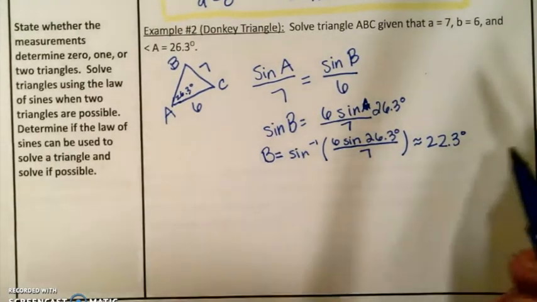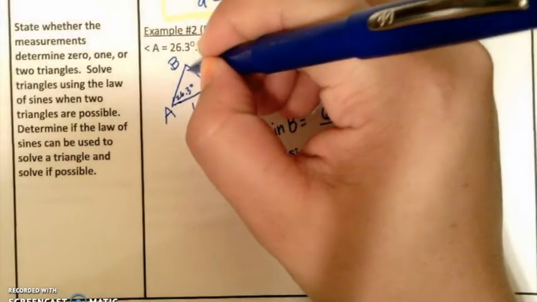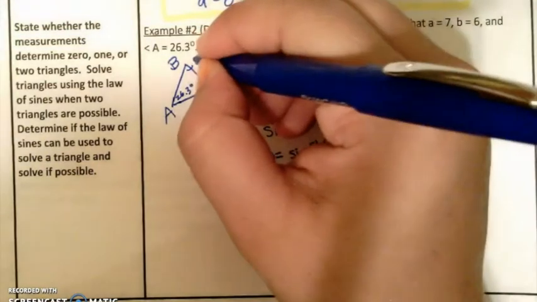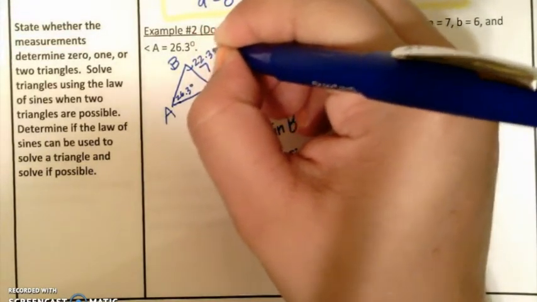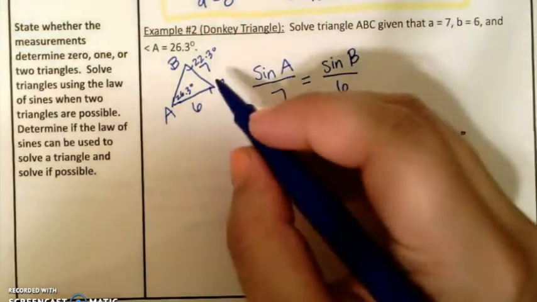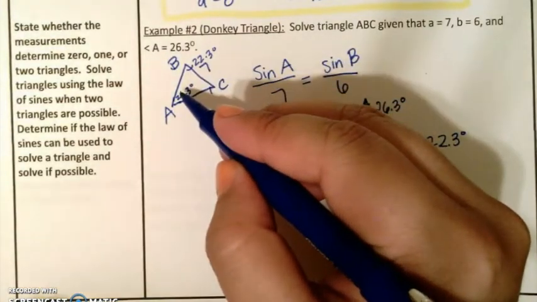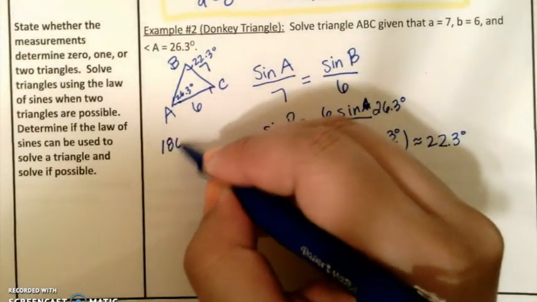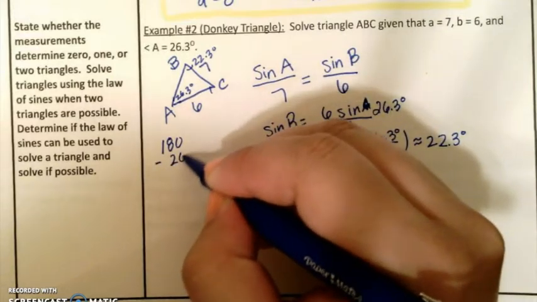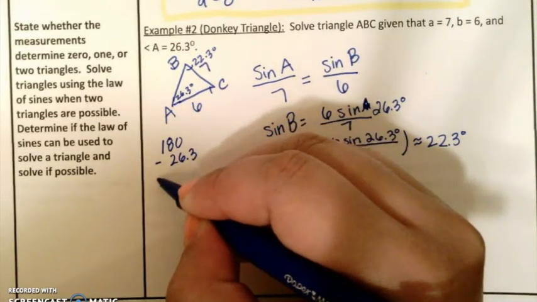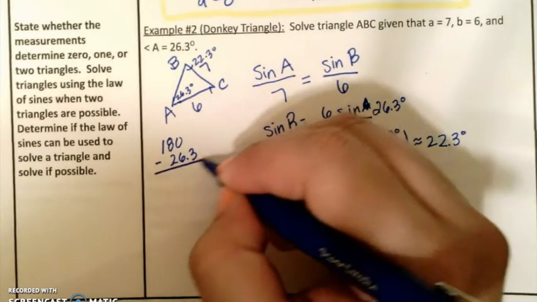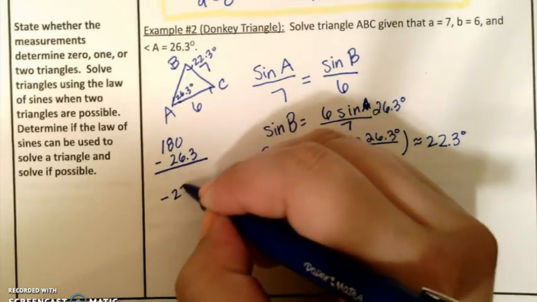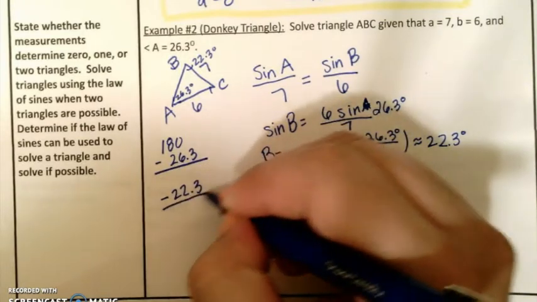Now we want to find the measure of angle C. And we can do that by saying, I know two of the angles in the triangle. To find the third, I need to subtract them from 180. So 180 degrees minus 26.3 degrees. And then we'll subtract again the 22.3 degrees.